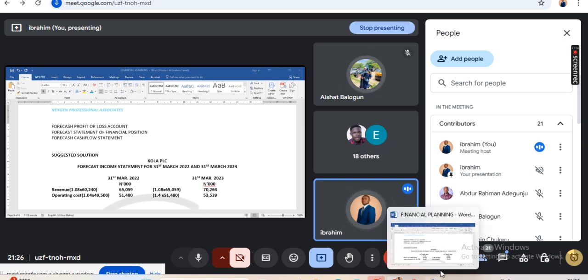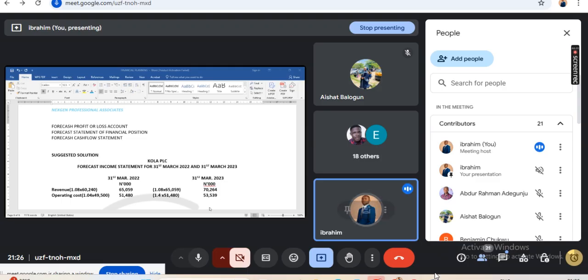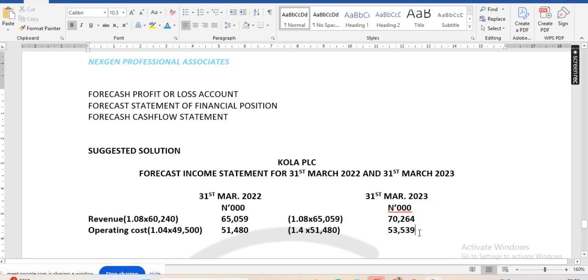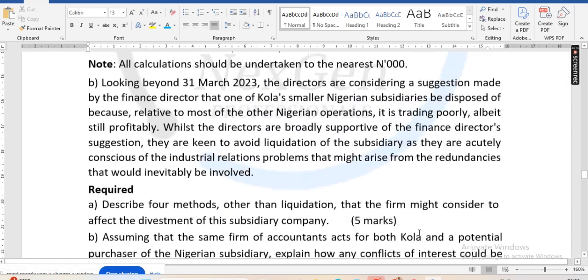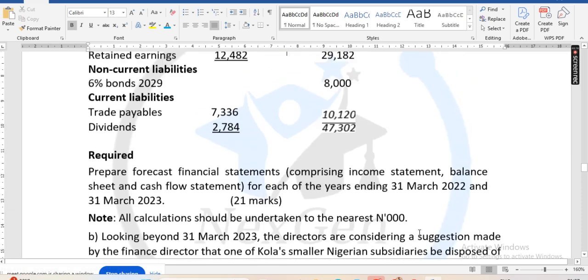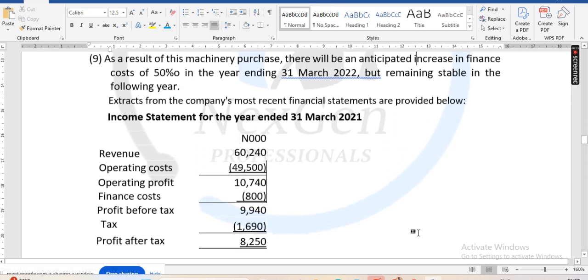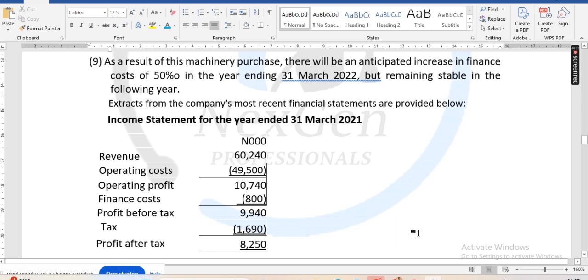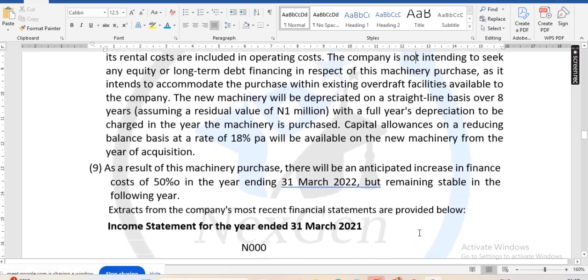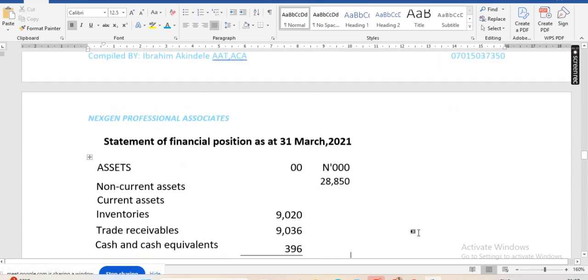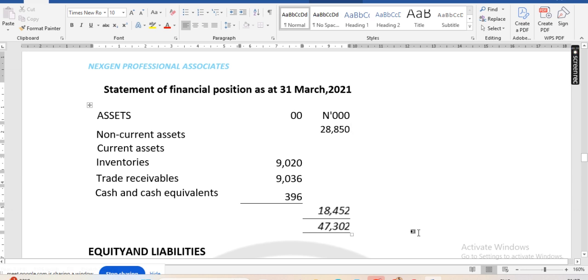So the next thing is depreciation, because they bought the asset new, right? Now, when you look at this statement, for them not to include depreciation in the financials in 2021, it could be because they've already stated that the non-current asset you see here is for the head office and it is not depreciable.